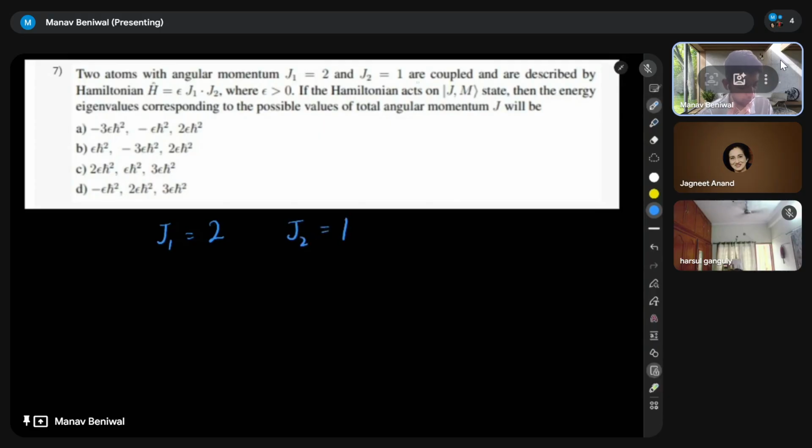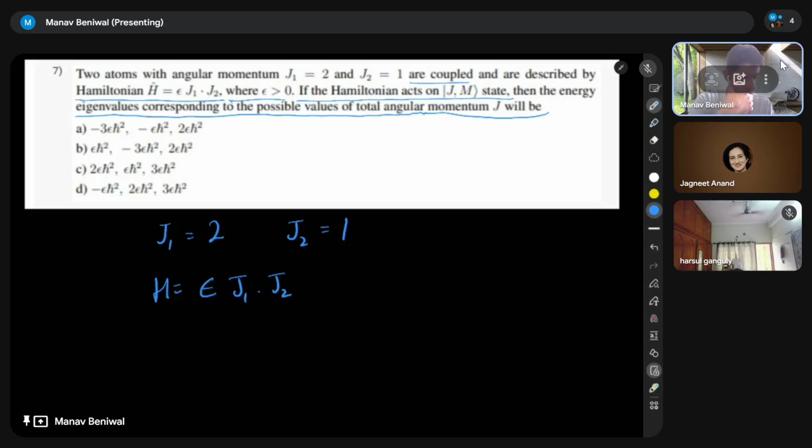They are coupled, so we have to add them, and they are described by the Hamiltonian H = epsilon j1 dot j2, where epsilon is greater than 0. If the Hamiltonian acts on the j comma m state, then the energy eigenvalues corresponding to the possible values of total angular momentum j will be.